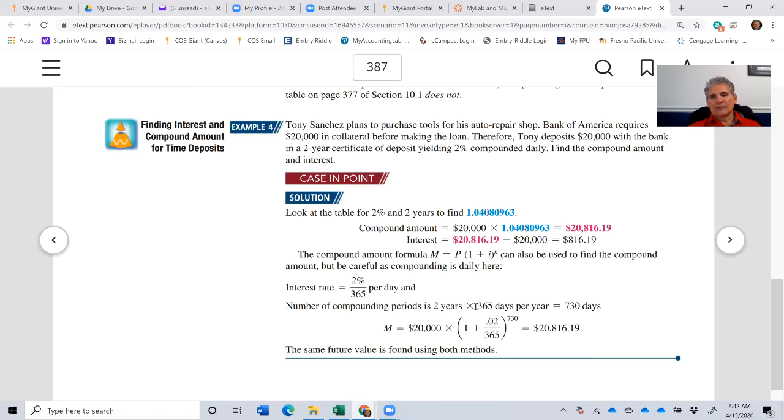So 365 times 2 is 730. That's 365 days in a year times 2 years, 730 days. Run the numbers, do the computation, you'd end up with the same amount as what was used on the table. In fact, this factor, if you haven't already figured it out, and I kind of hinted at it earlier, is really this computation here.